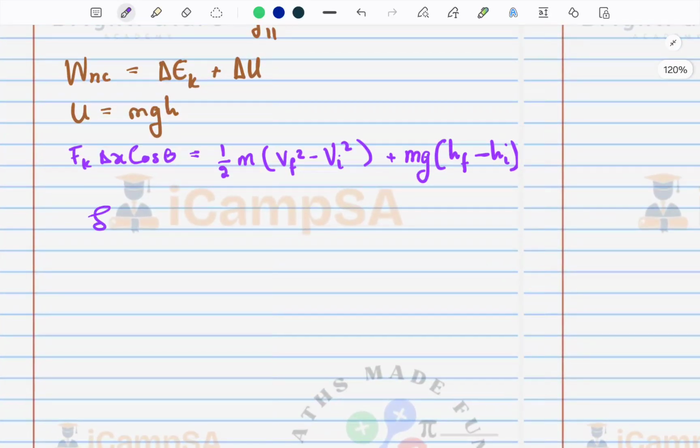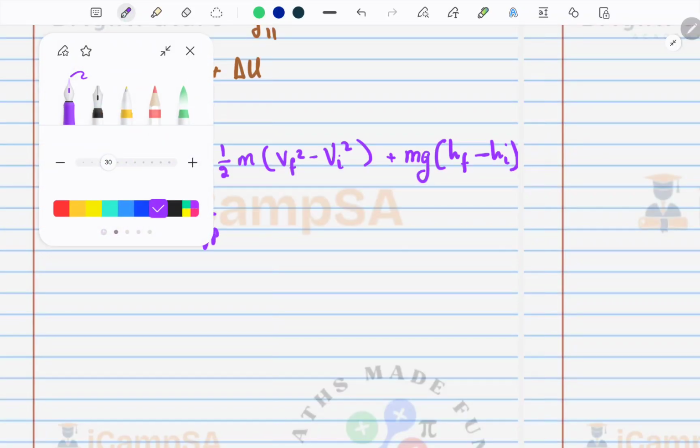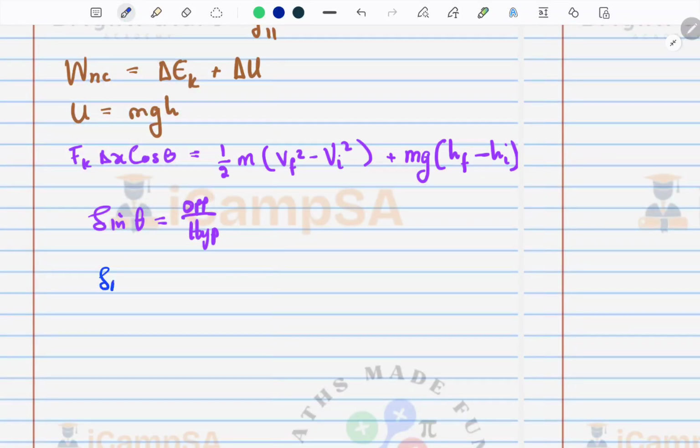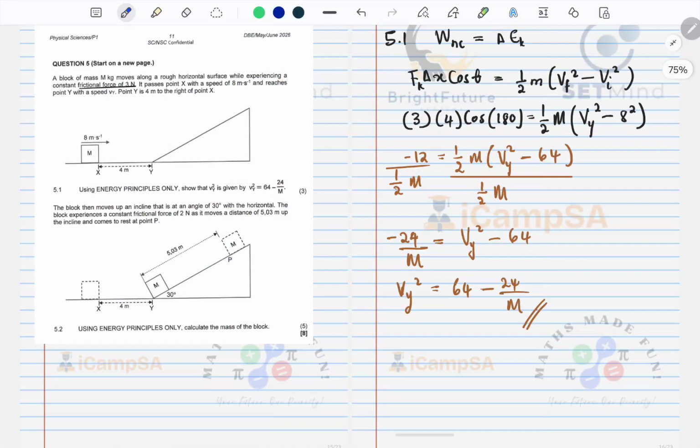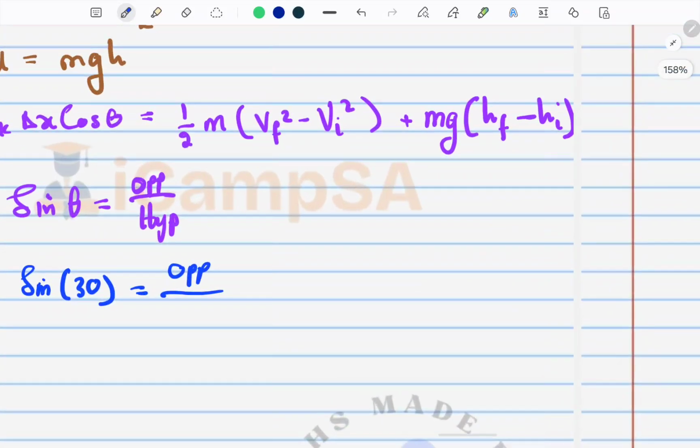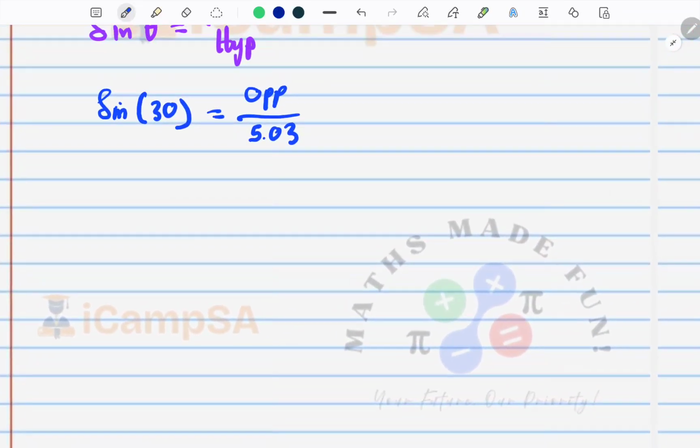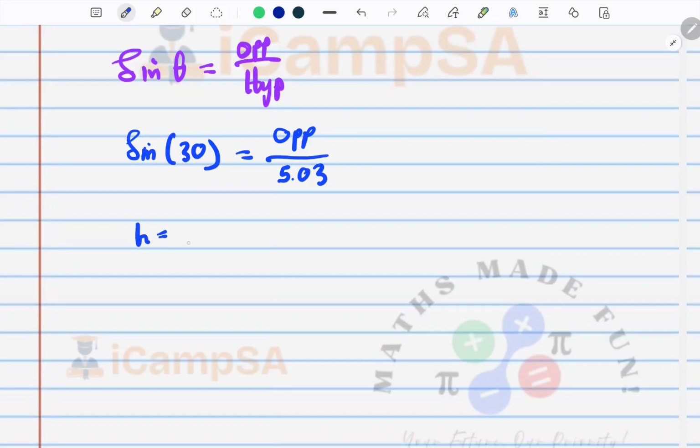So for the height, we can say sine theta equals opposite over hypotenuse. Your opposite is going to be your height. So you have sine 30, your opposite is what we are looking for, and your hypotenuse is 5.03. So your height is 5.03 sine 30.